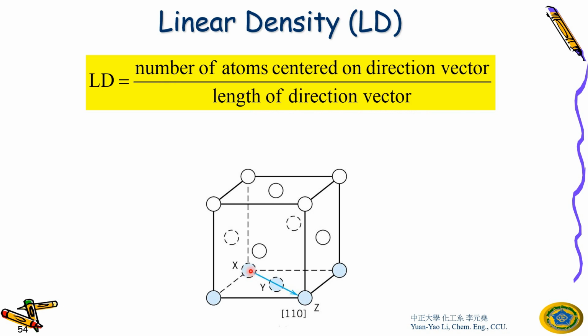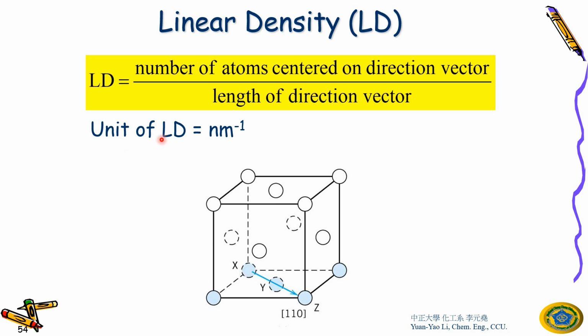So, for example, this is the vector. Okay, this is a vector. So you need to know how many atoms pass through this vector, the number of atoms centered on the direction vector, divided by what? The length of this vector. Okay, you know A, right? You know A, and you know the radius, for example. So this is the definition.